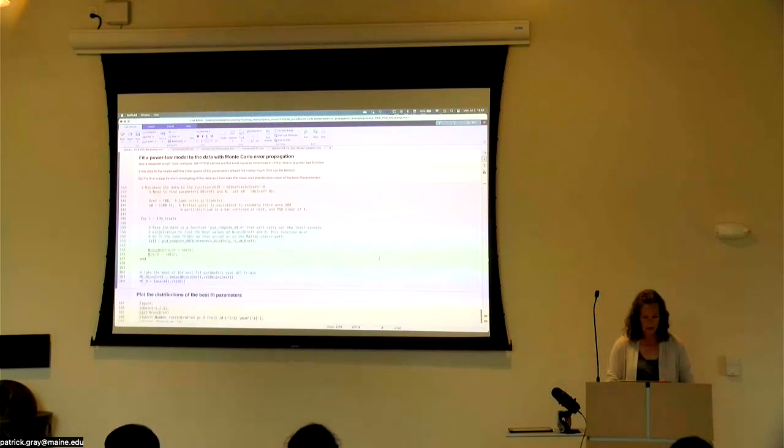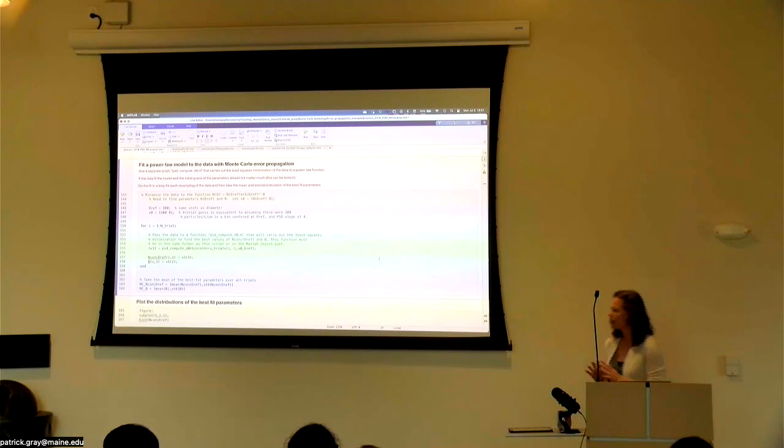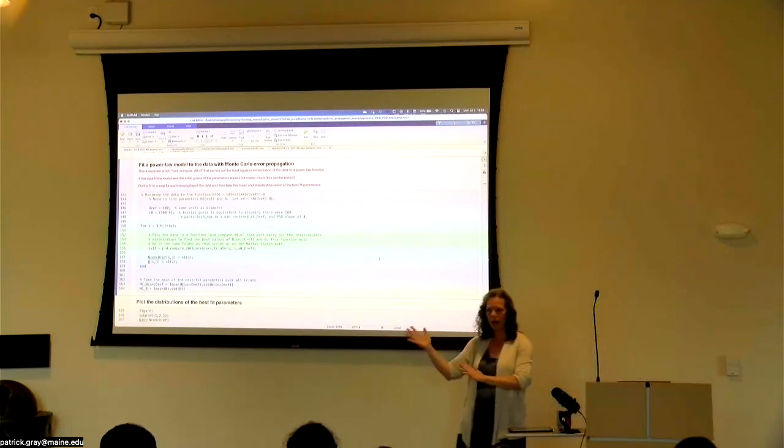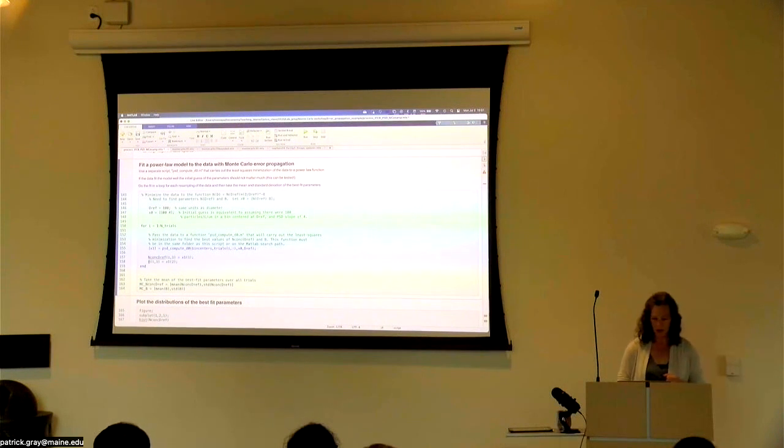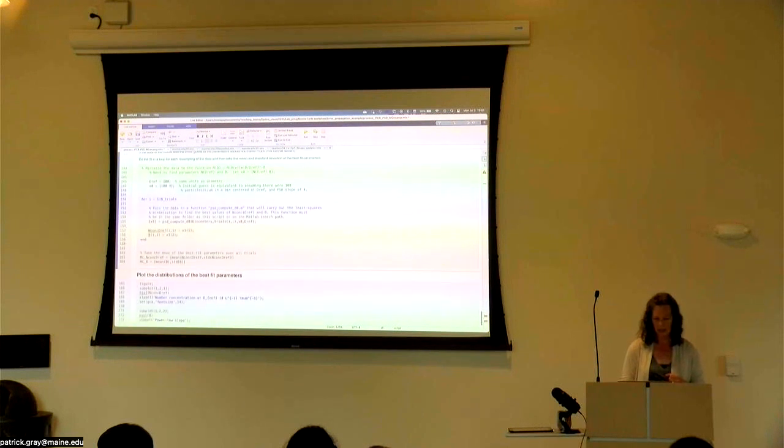Okay, so now what we're going to do is the same fitting of the power law to the data that we did before, only now we're going to do it 100 times. So set up the initial guess of the particle counts at the reference diameter, the power law slope, and the reference diameter itself. Then I loop through my 100 trials.